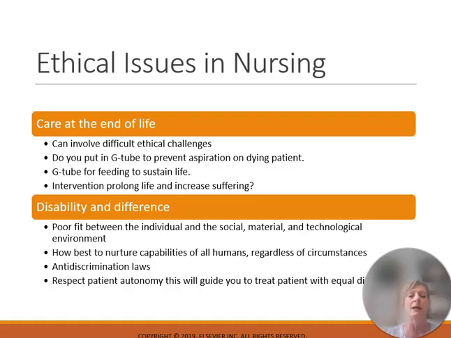Can somebody that's blind be a nurse? Can somebody without arms be a nurse? So how do we do this? How best to nurture capabilities of all humans, regardless of circumstances. So anti-discrimination laws are going to come into effect here. Respect your patient's autonomy. This is going to help guide you and make those good decisions.